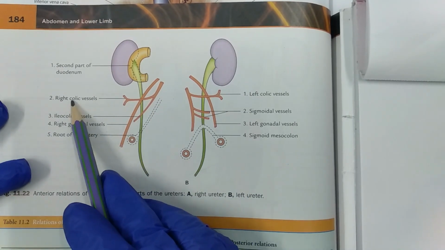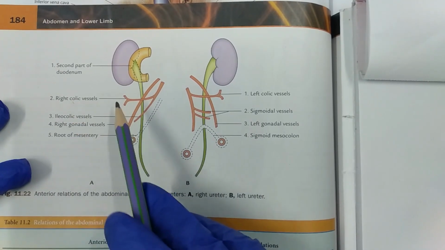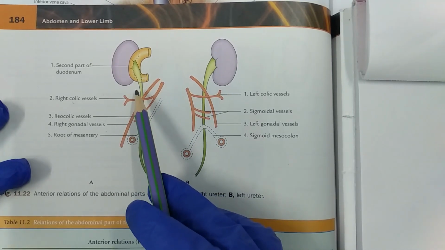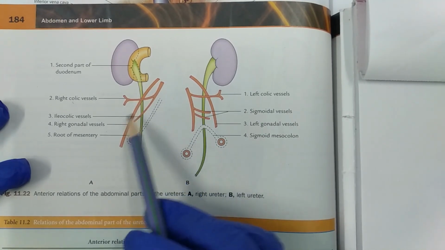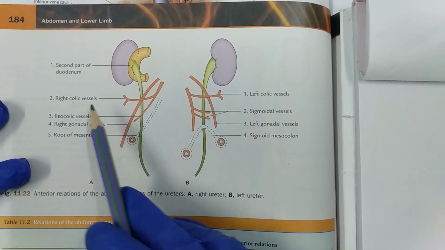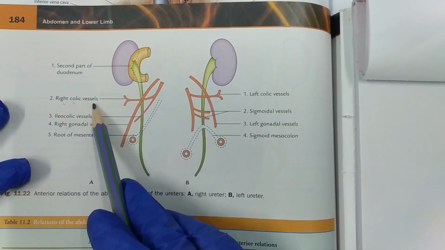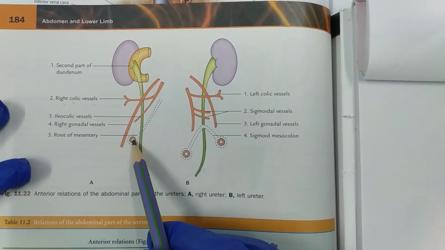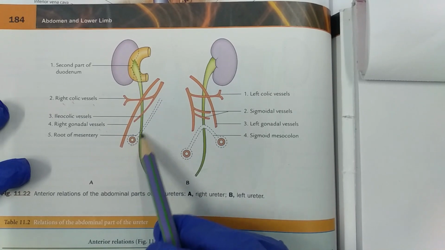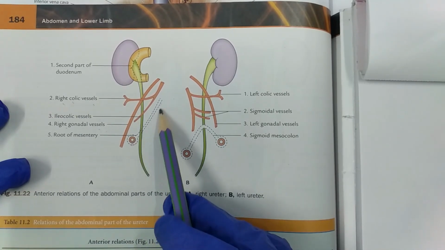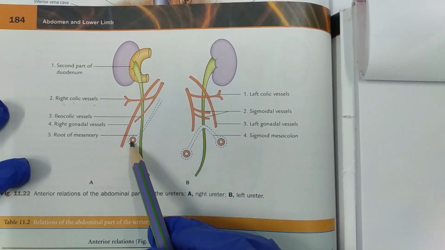The third is the right colic vessels and the ileocolic branches of the superior mesenteric vessels, and the fourth is the root of mesentery. This is the root of mesentery, which is related anteriorly to the right ureter, and the terminal part of the ileum.